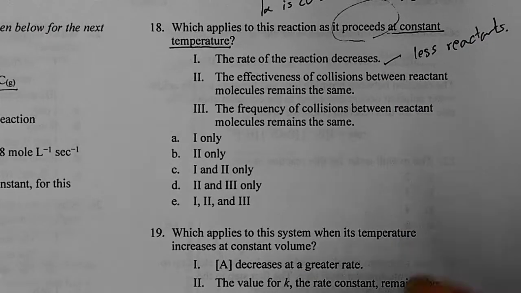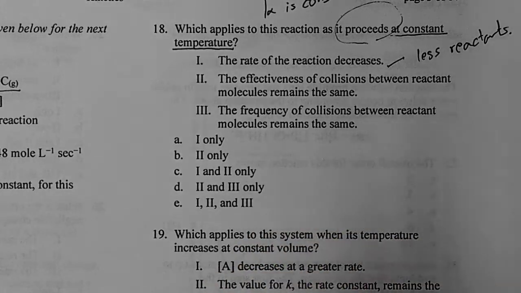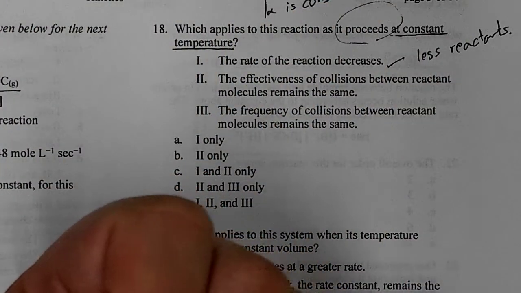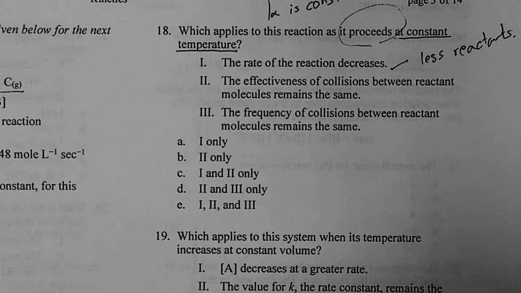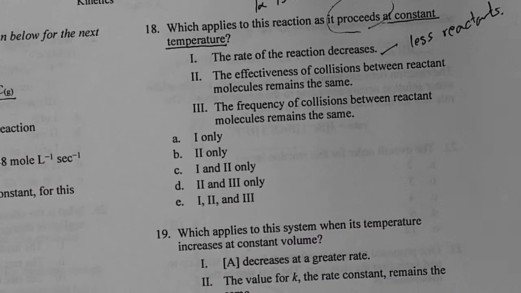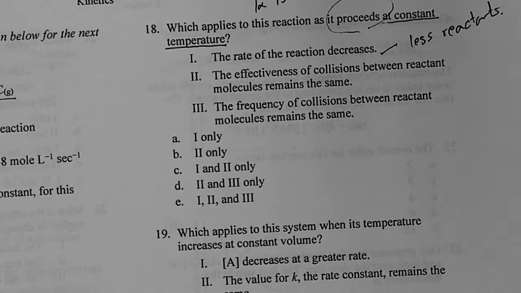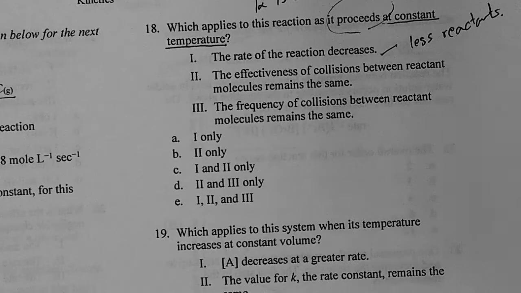Number 2 said the collision between reactant molecules remains effectively the same. Explain. Fewer collisions, but the collisions have the same effectiveness. If these two hit each other, they still hit each other with the same amount of energy because the temperature is the same. The speed of the collision is not changing, but yes, there are fewer collisions.